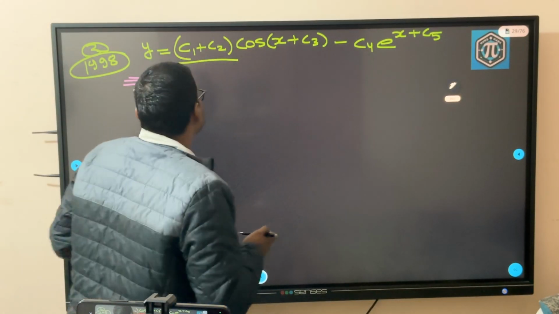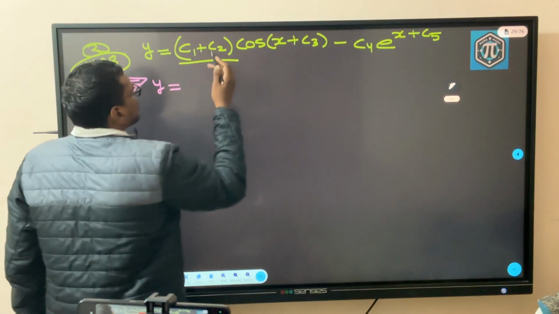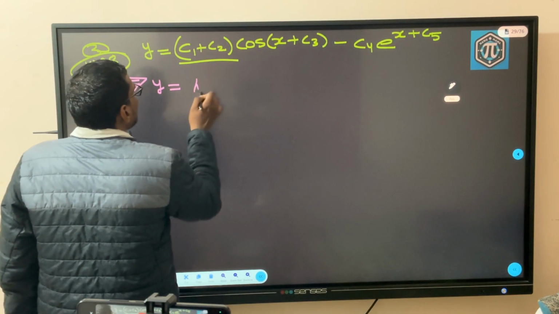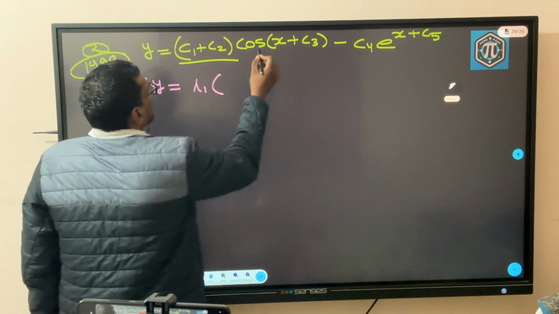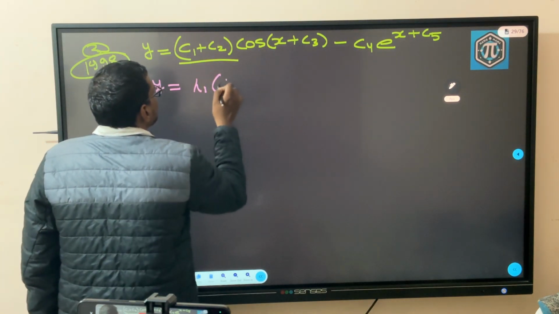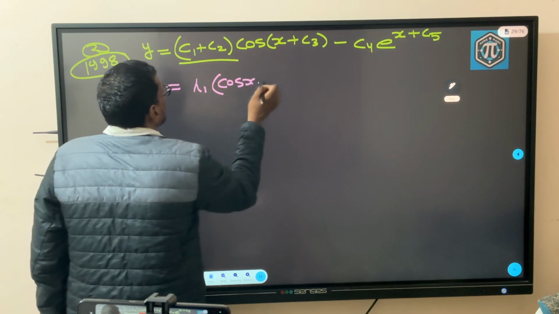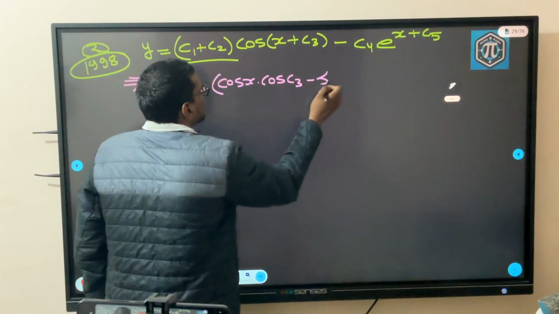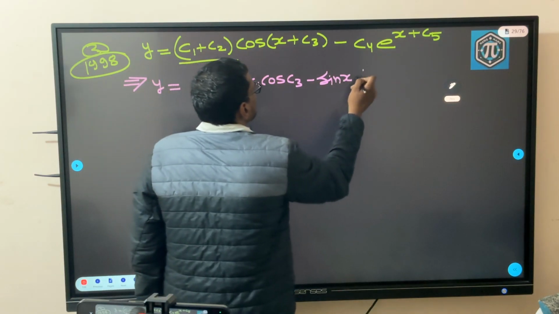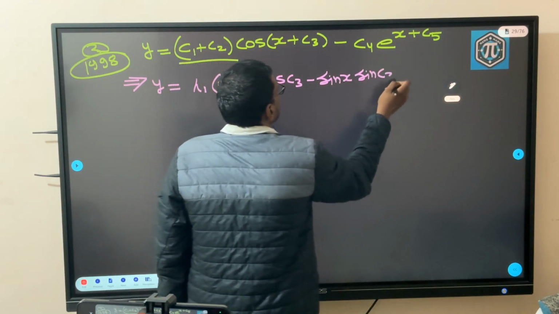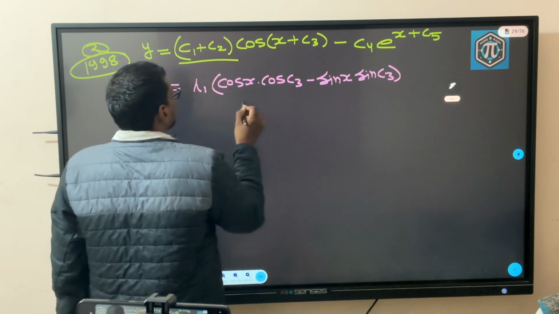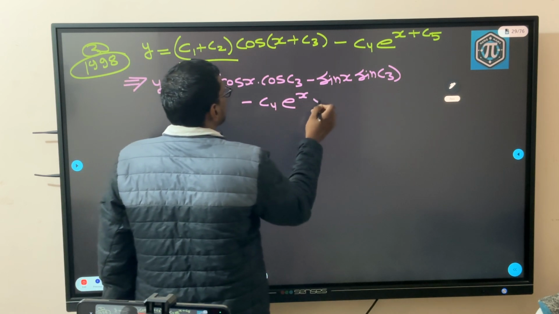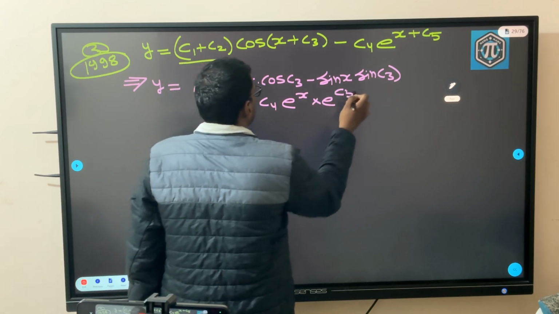How? See here. Constant plus constant, it is 1 only. So C1 plus C2, I will say lambda 1. Right? Cos of this, cos of A plus B, expand. Cos A cos B minus sin A sin B. And here minus C4 e power x and e power C5.